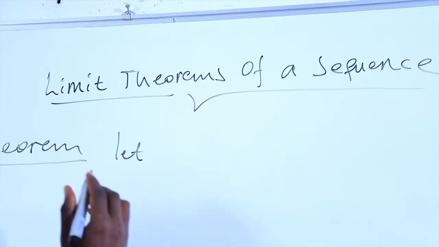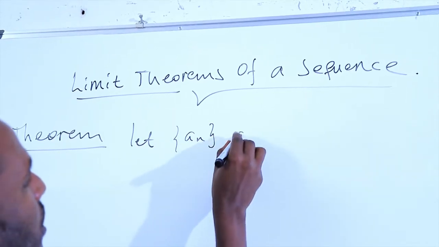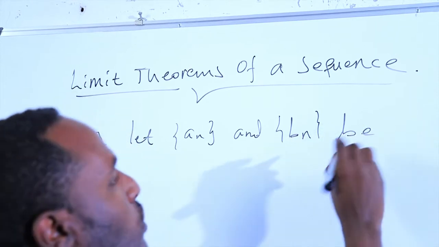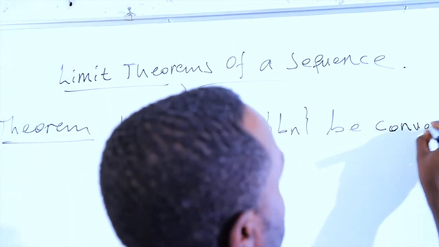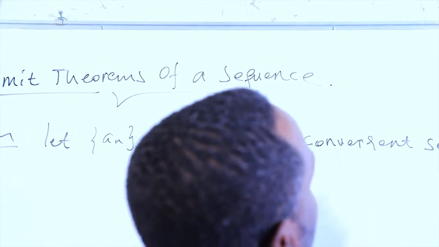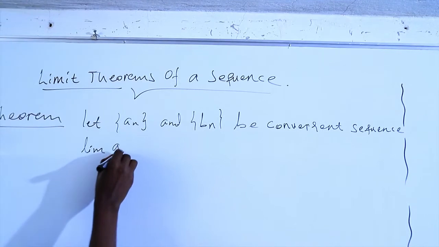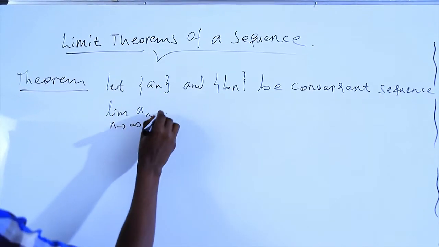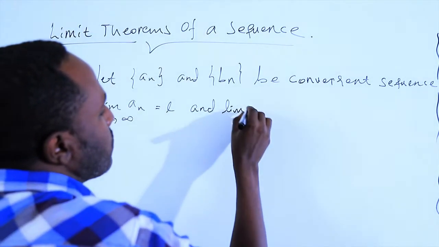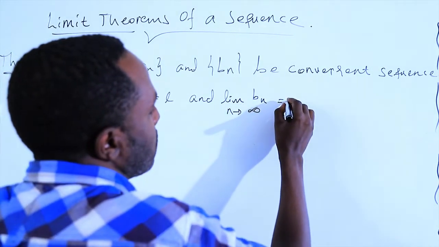Let the sequences an and bn be convergent sequences, meaning that the limit of the sequence an as n tends to infinity equals some fixed real number L, and the limit of the sequence bn as n approaches infinity equals, let's say, m.